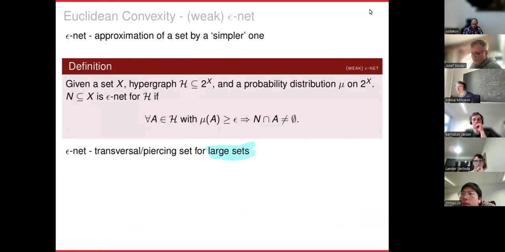One is something called the weak epsilon net. An epsilon net is an approximation of a set by a simpler one.